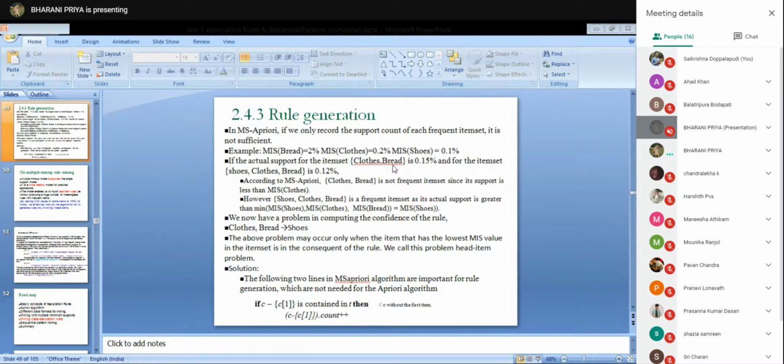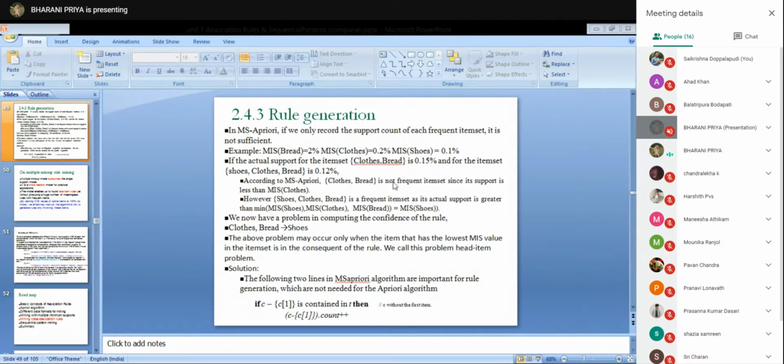Clothes and bread may not be frequent, but shoes, clothes, bread may be frequent. If this is frequent, you have to generate the rule from shoes, clothes, bread. If I want to generate shoes, clothes, bread with some confidence, I need the support.